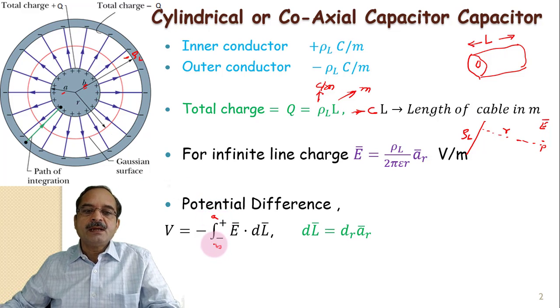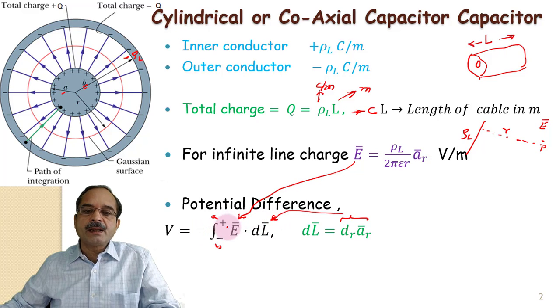So in that case, the limits of integration will be b to a, and this E we will substitute here. We are considering cylindrical coordinates here, so this dl we will substitute as dr a_r.